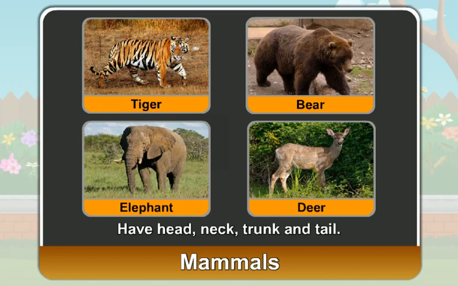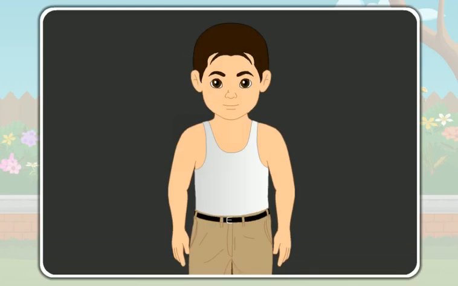Most of the mammals have a head, a neck, a trunk, and a tail. But human beings have only a head, a neck, and a trunk.